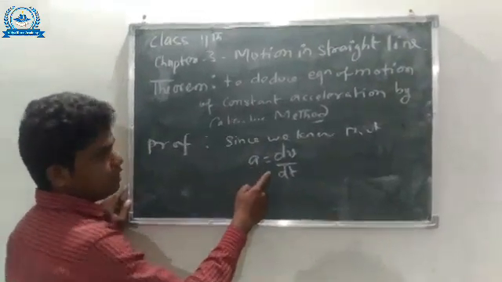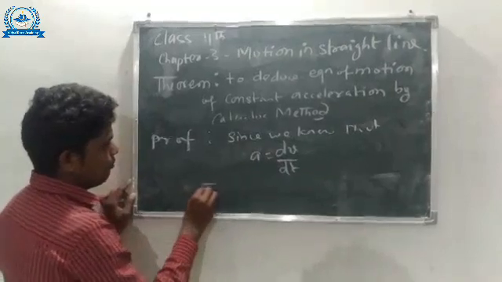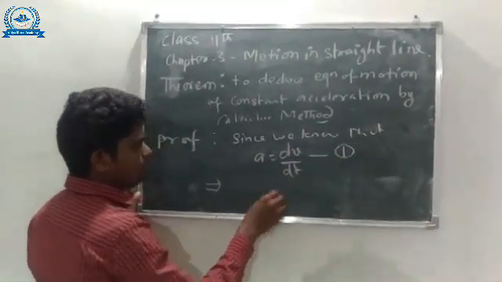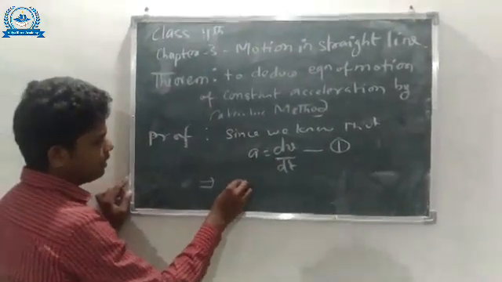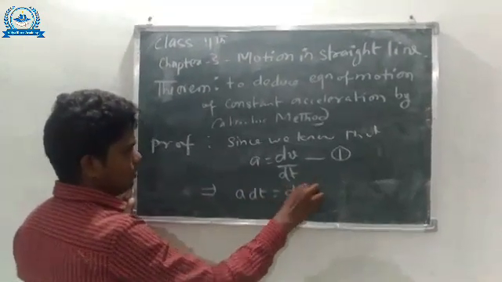So acceleration is basically change in velocity upon time. Let us consider this as equation number 1. When you transpose this dt to the left hand side, you will get a dt is equal to dv.